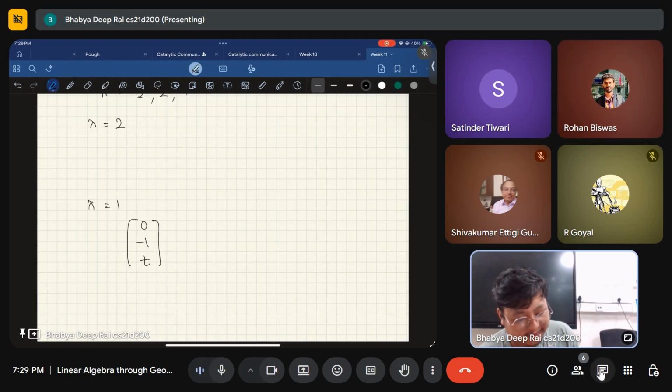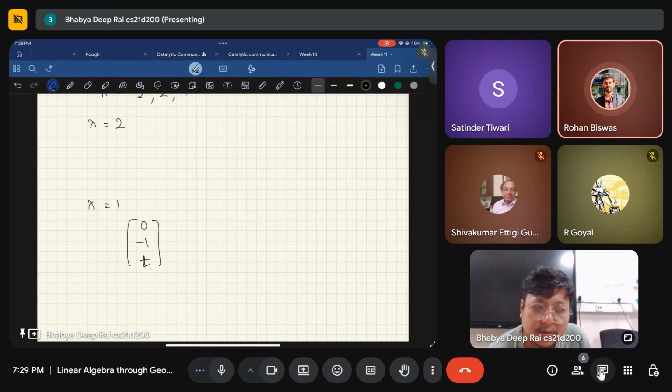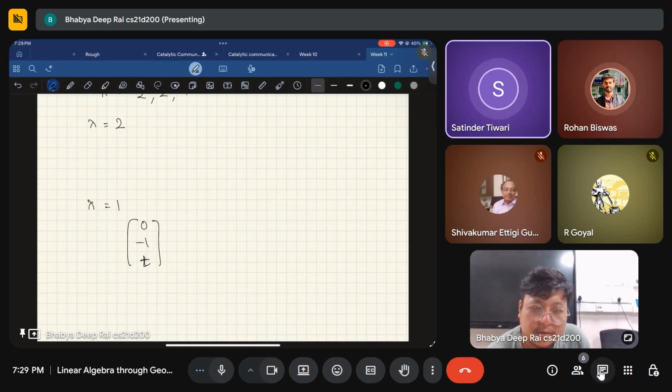Okay, x3 is free, so this is what you want. T can't be in one place; if you are writing t, then it has to be in both places. This option cannot be true for any matrix. I'm saying t is any number, a scaling factor.